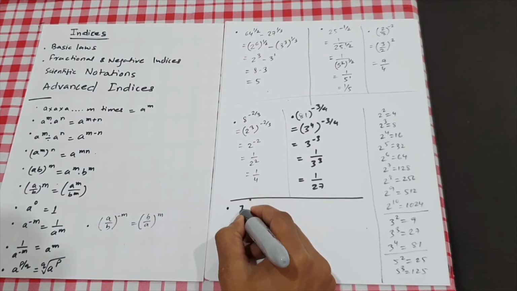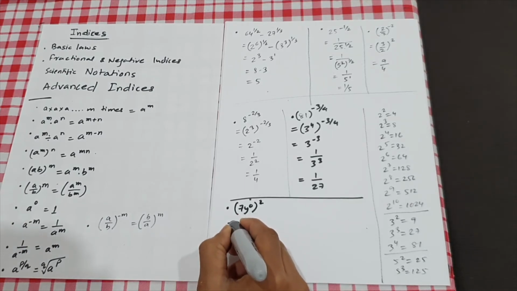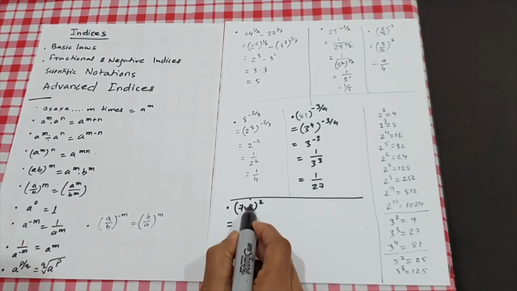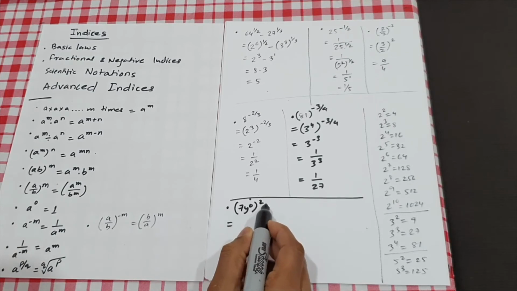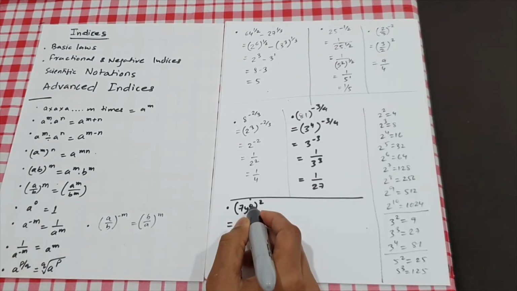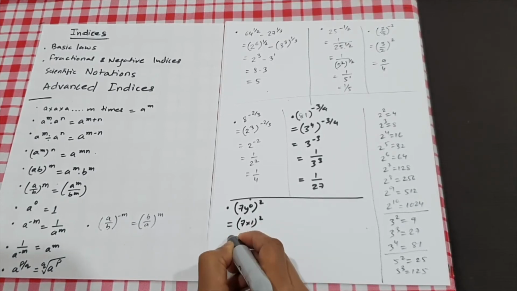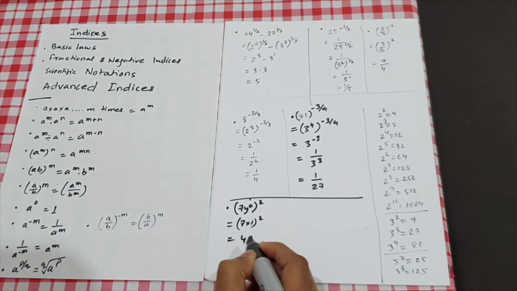If you have 7y to the power 0, squared. Remember, this y to the power 0 applies just to y, not to the entire thing. Right? So let's first solve this. y to the power 0 is 1. So this is 7 times 1, squared. So 7 squared is 49. That's the answer.